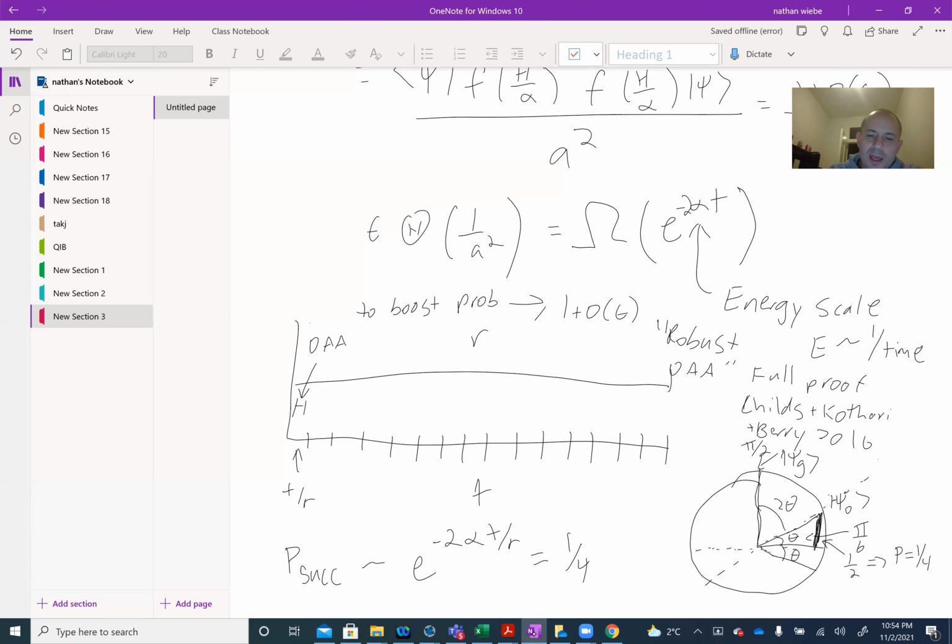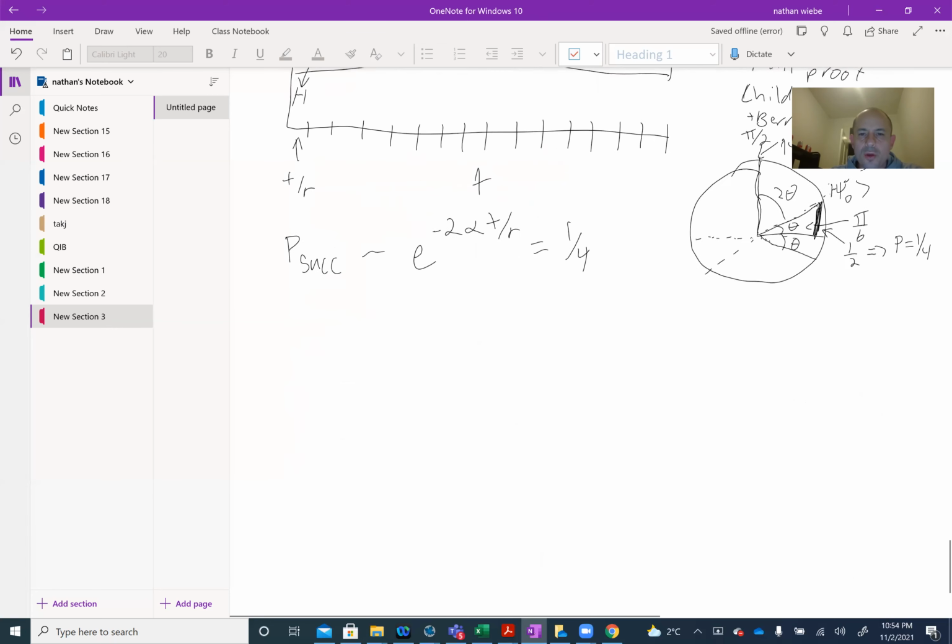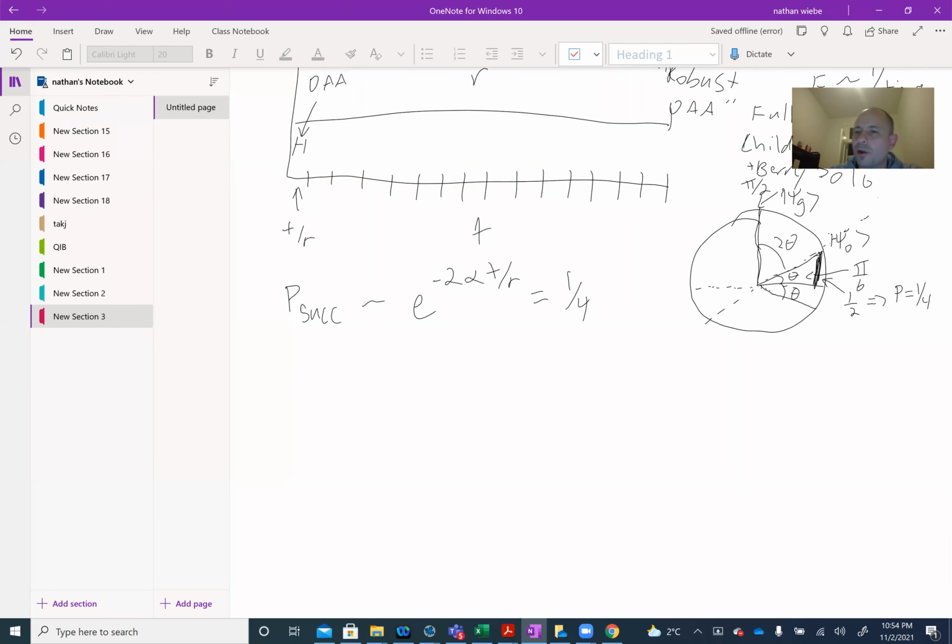Therefore, if we shoot for 1/4 success probability, as we remarked before, this leads to 100% success probability after the application of amplitude amplification. Again, I recommend going back through our previous lectures on amplitude amplification if any of you are confused about this in the slightest. So in any case, this is what we want to shoot for.